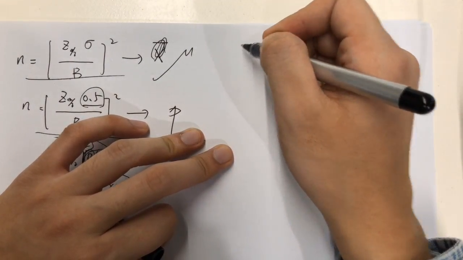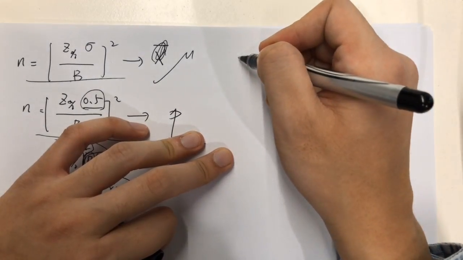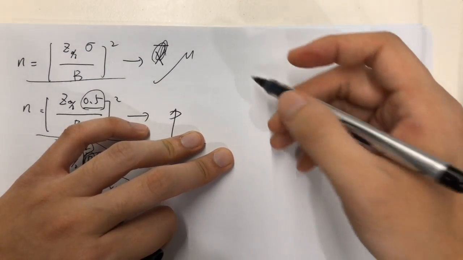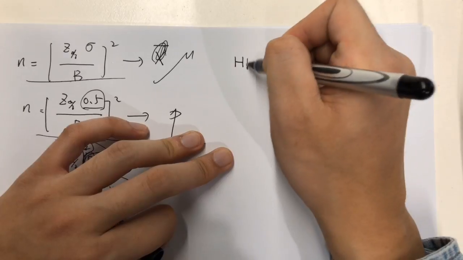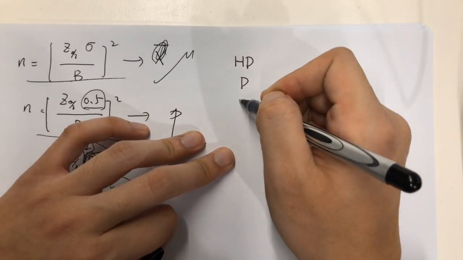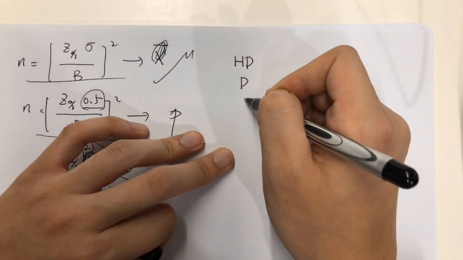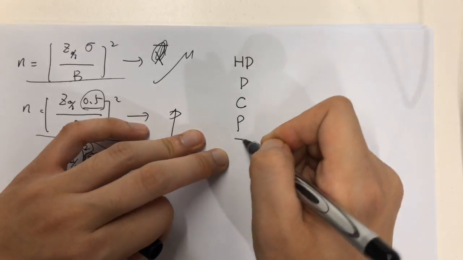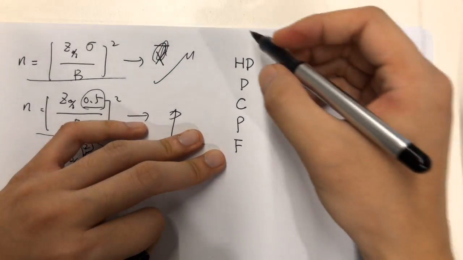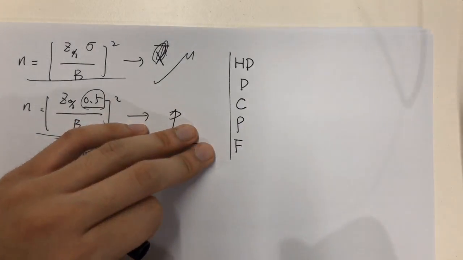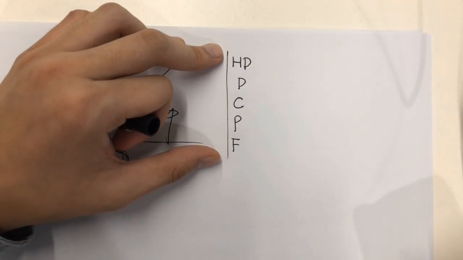If it is an ordinal scale, for example, if I want to measure your exam results, you have HD, D, credit, pass and fail, right? This is called an ordinal scale.